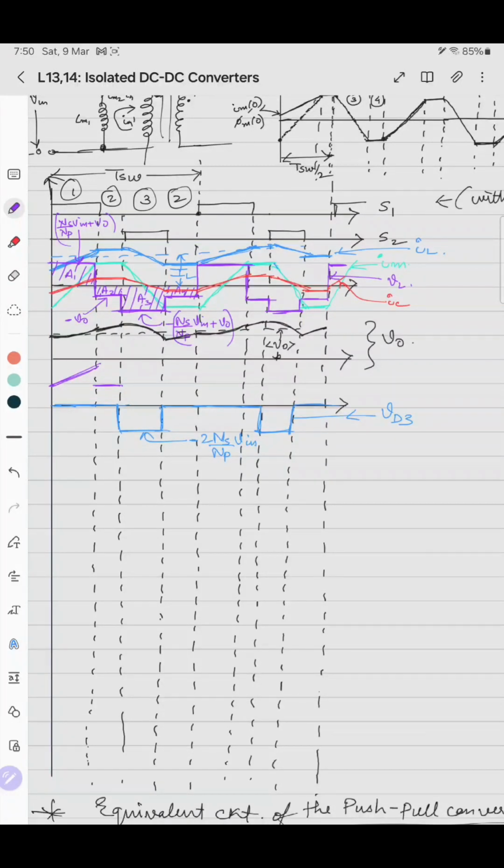IL by 2, 0. Again IL by 2, 0. So this is ID3.